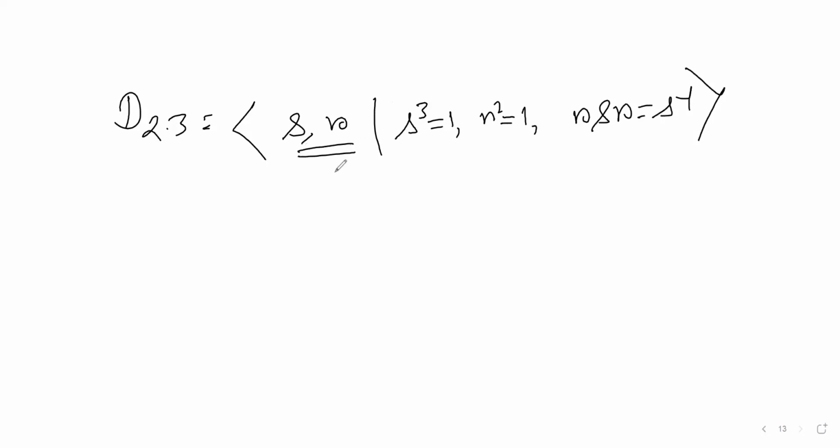Generated by two elements, that's why it is not a cyclic group. Fine. So today we see a family of groups, that is dihedral group, and we see the definition of cyclic group, and we see an example of a cyclic group and an example of a non-cyclic group.